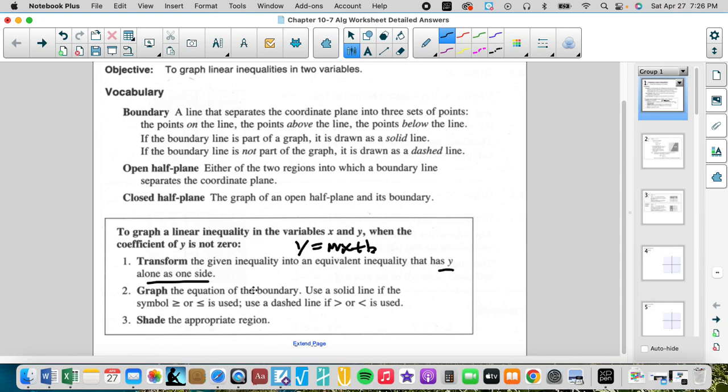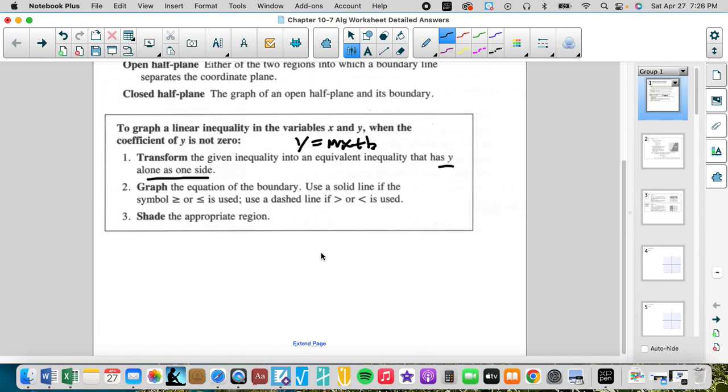Graph the equation of the boundary. The equation, the line, of the inequality will represent the boundary, and that's important. You either have a solid line or a dashed line.